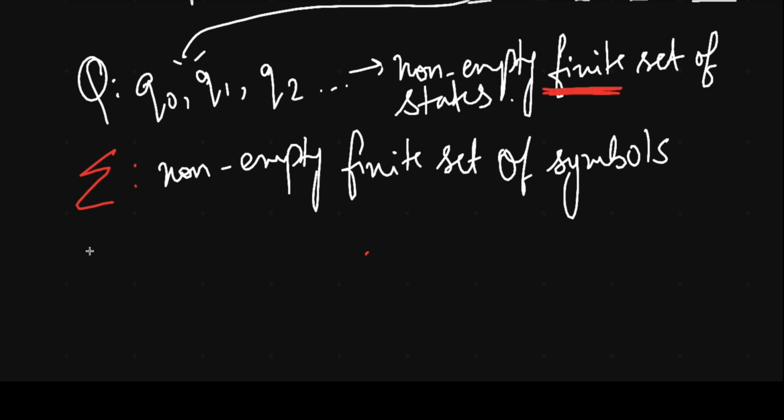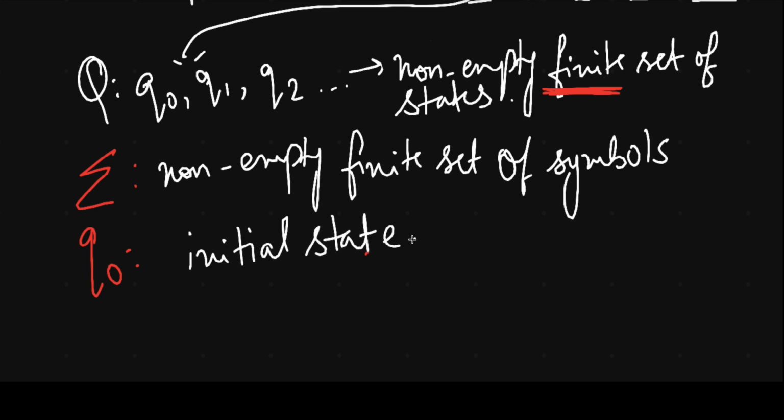Next is q naught, which is the initial state or the starting state of our finite automata machine. We will study all this again when we study the design of finite automata, and then you will understand it more thoroughly. For now, just try to understand the theoretical part.